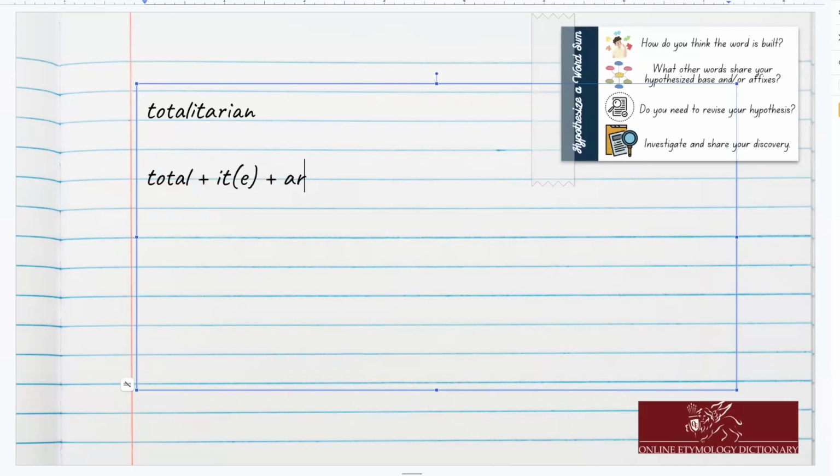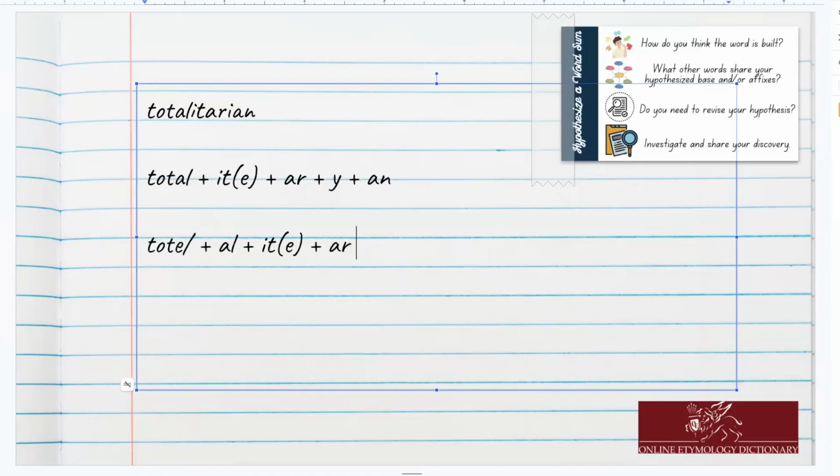AR, like solar, that makes sense. And then I'm wondering if it's a Y and then an AN. And then maybe it's actually not. Maybe it's tote, where we get rid of that E when we add the AL, and then the rest would be the same. That would be my guess.